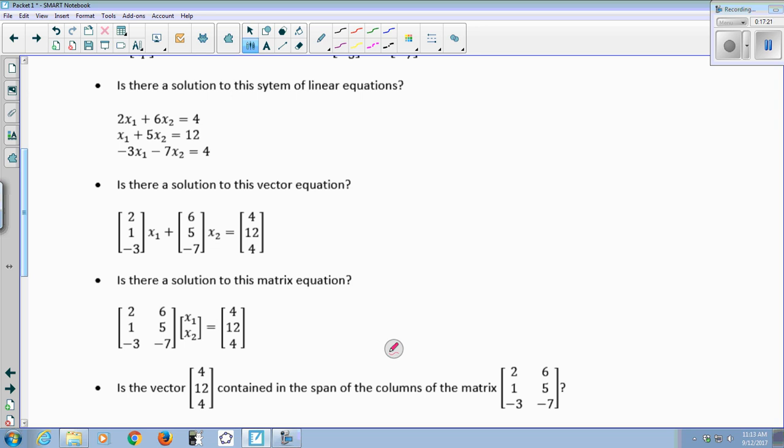Is there a solution to this vector equation? Is there a solution to this matrix equation? Is the vector contained in the span of the columns of the matrix? Okay, so instead of saying, is it in the span of those 2 vectors, you could use those 2 vectors to make the columns of a matrix and say, is it in the span of the columns?